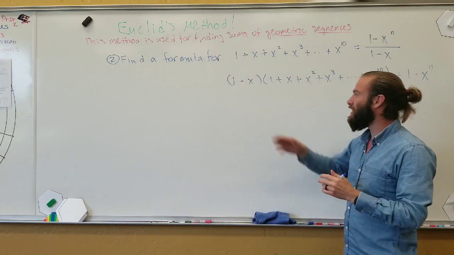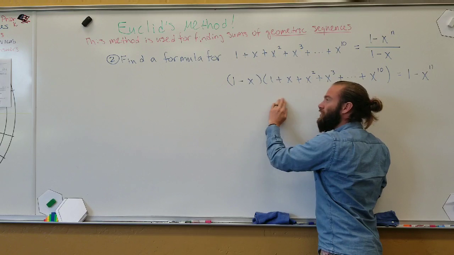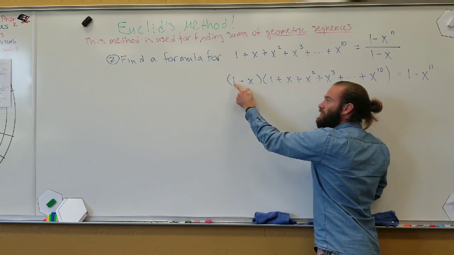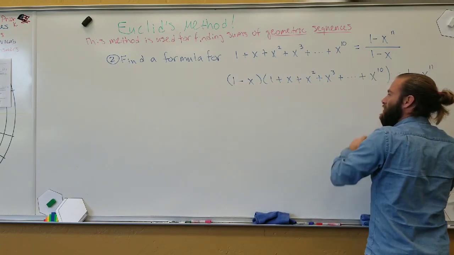If you remember multiplying two polynomials together, or expressions in general, you'll notice that we do each with each, so if we do the 1 times all that stuff, minus the x times all that stuff.